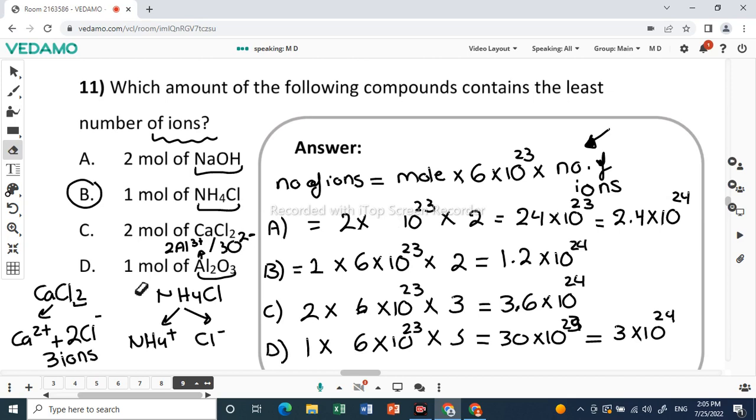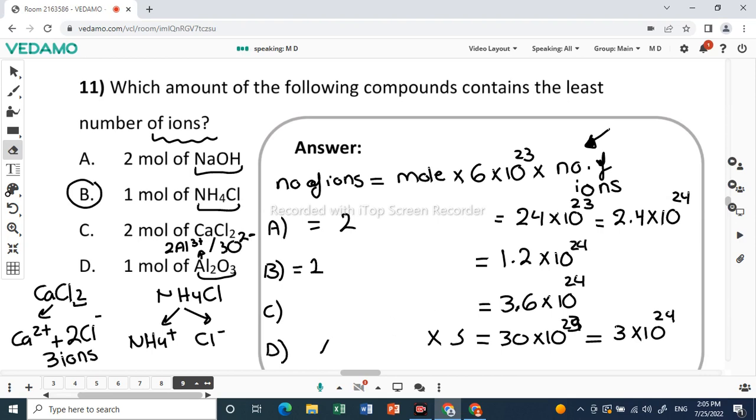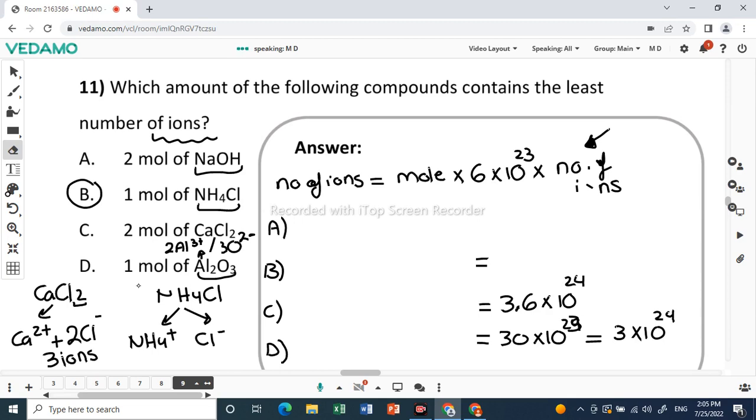In this question, since Avogadro's constant is a constant number for comparison, there is no need to include it in your calculation. Yes, it's not important to include it here.